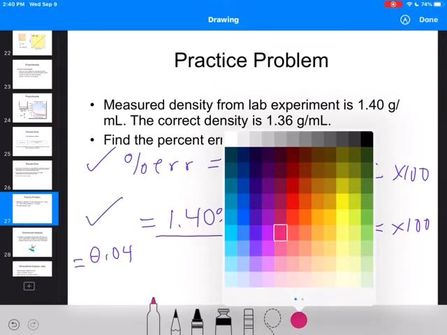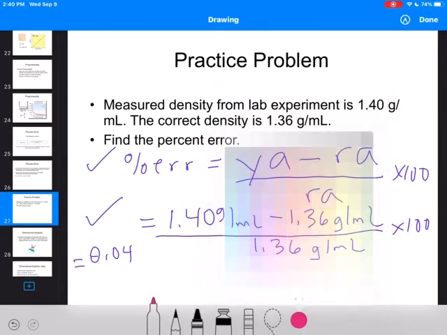So therefore, I've got 2 decimal places here. And this guy has 2 decimal places here. So 0.04 has 2 decimal places, so therefore I'm allowed to go ahead and let that go. Of course, my units are grams per milliliter. Grams per milliliter minus grams per milliliter is going to give me grams per milliliter.